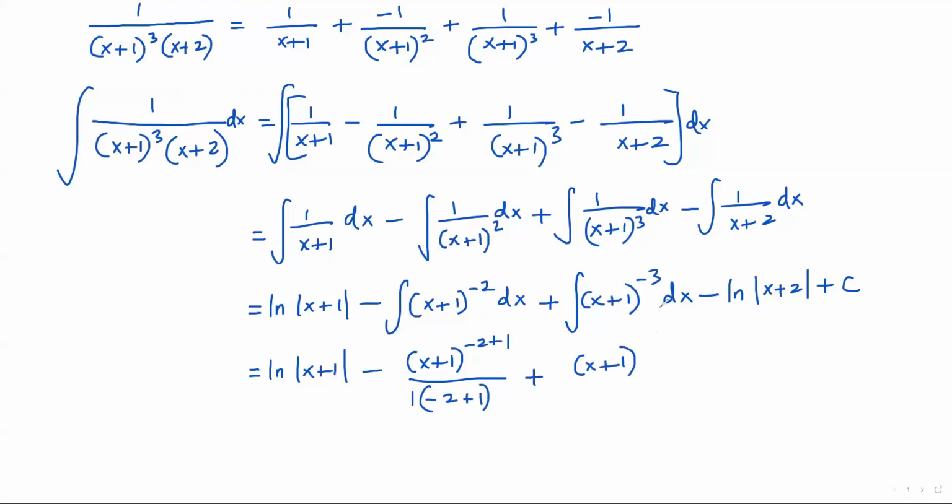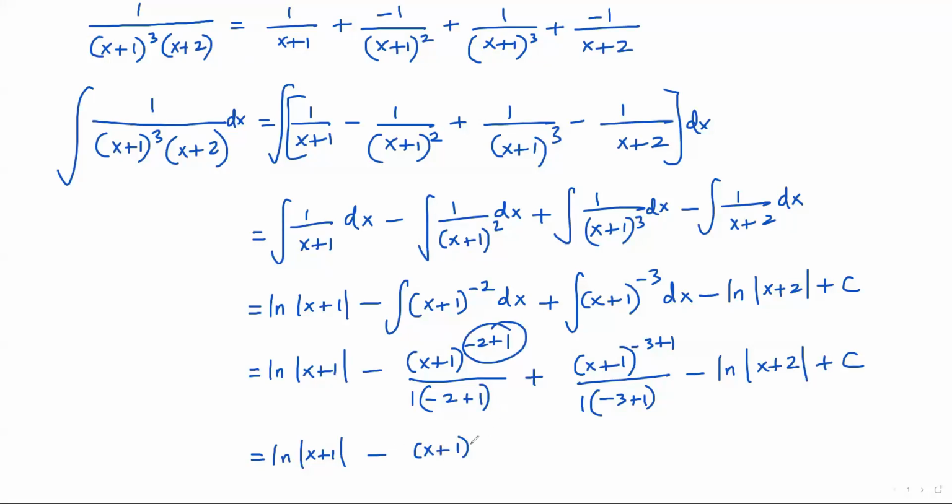The same thing I have to do here. I have to add 1 to the exponent, negative 3 + 1 over negative 3 + 1, and it has to be multiplied by the coefficient of x, that is 1, minus ln of the absolute value of x + 2, plus c. Okay, here ln of the absolute value of x + 1 and minus (x + 1).